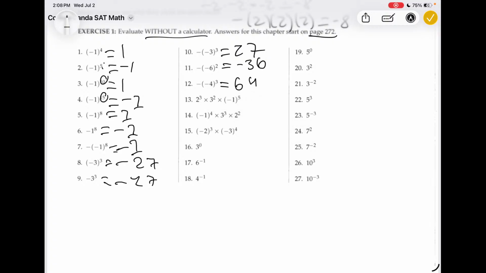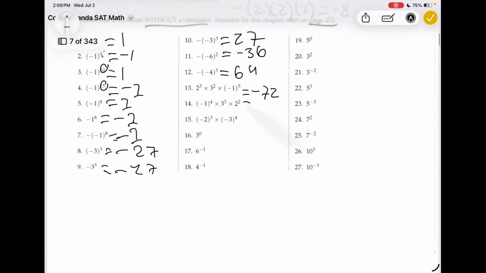Since it's odd, it's going to be negative 1. So this whole thing should be negative. Then 3 to the second is 9, and 2 to the third is 8. So 9 times 8 times negative 1. 9 times 8 is 72, so negative 72 should be the answer here.